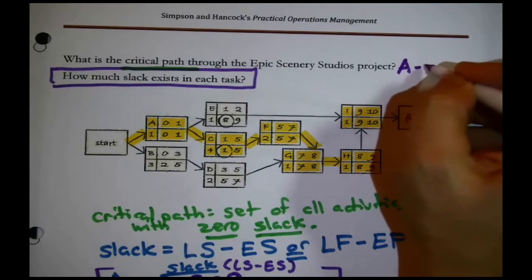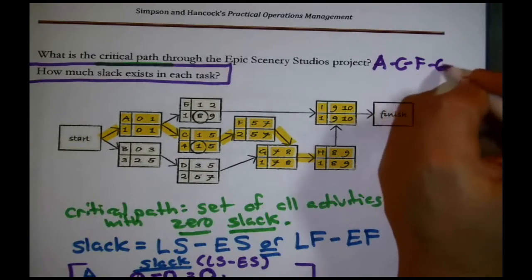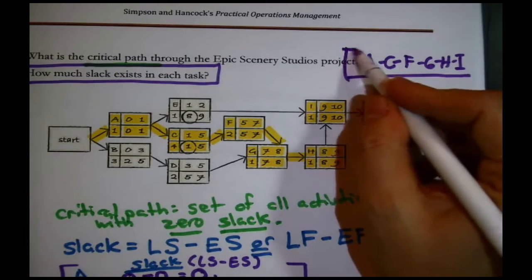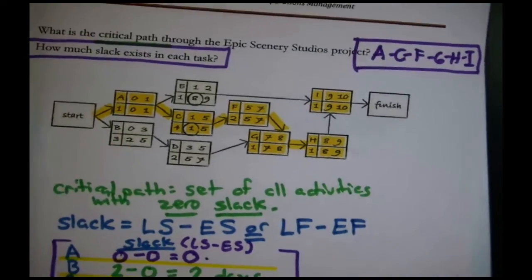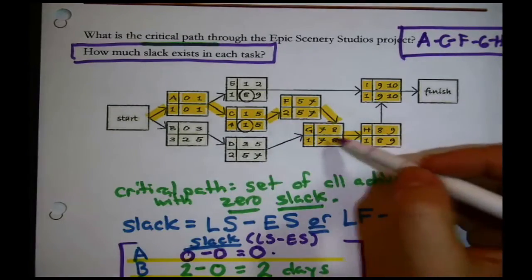A, C, F, G, H, I. That is the critical path through that network, of which actually that was highlighted in this note frame the entire time. Do you notice that? A, C, F, G, H, I.